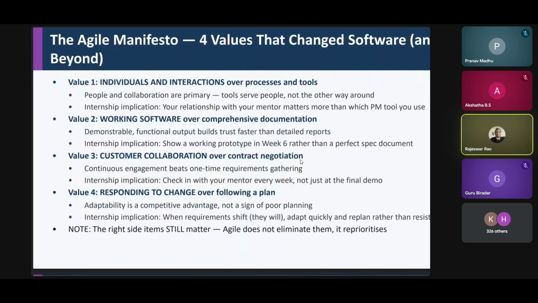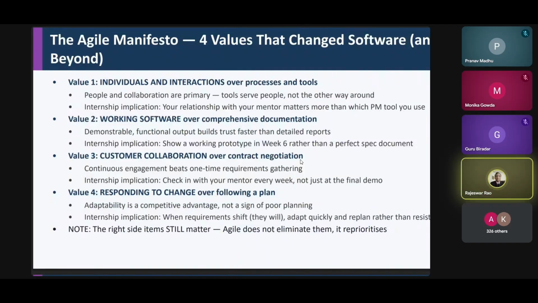The third is customer collaboration. Customer has an integral role to play in an agile world and in the agile manifesto. In the waterfall model, the role of the customer stops once the requirements are done. The customer comes back only when there is an integration testing or a user acceptance testing.